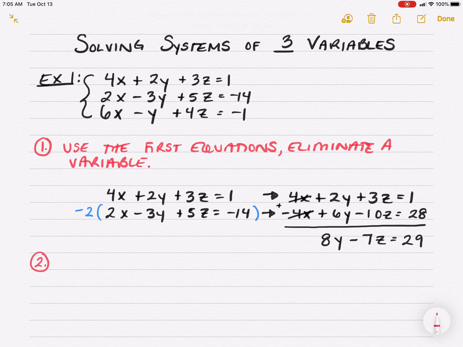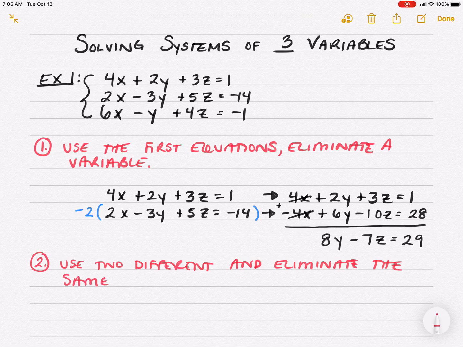So step two, you need to use two different equations. We need to somehow bring in equation number 3 because we have not used that yet. Use two different equations and eliminate the same variable as in step 1.